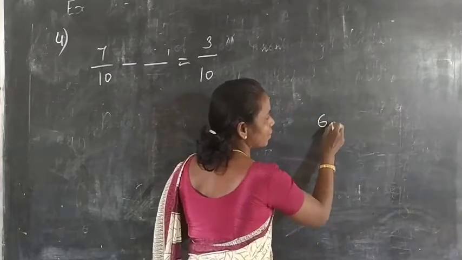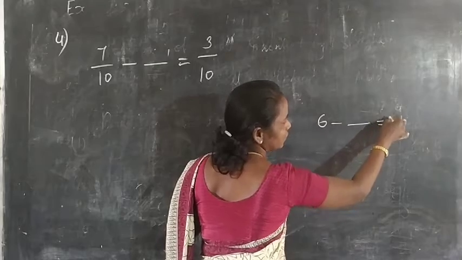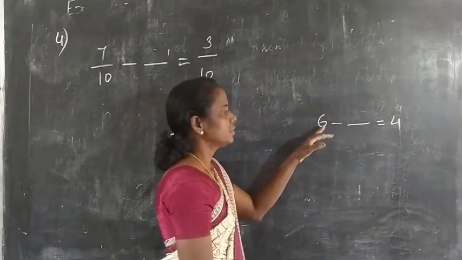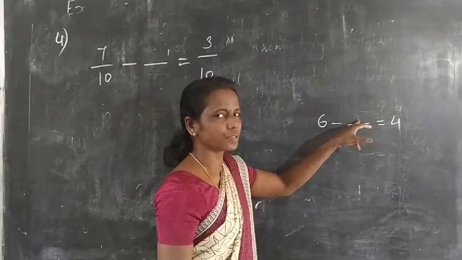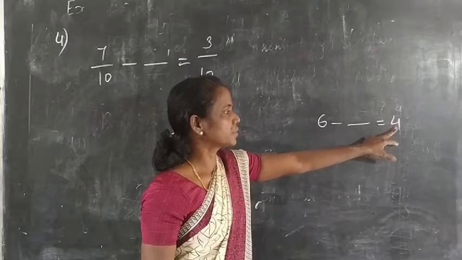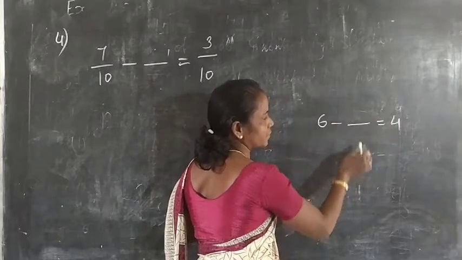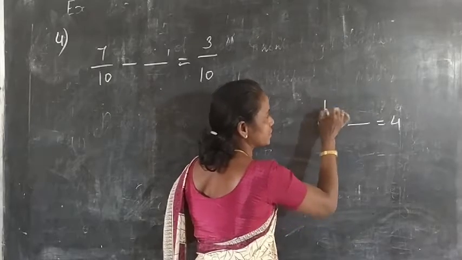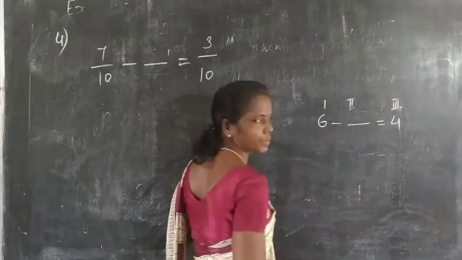6 minus dash is equal to the answer 4. This number subtracted from 6, we get which number? 4. Then look, this number plus this number, we get which number? This is the first number, this the second number, this the third number.